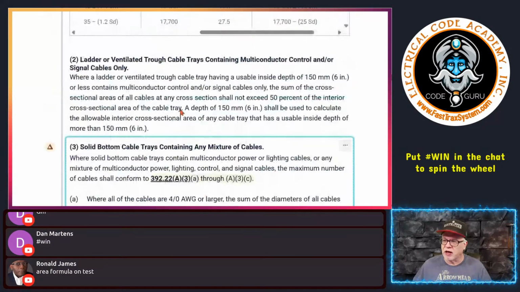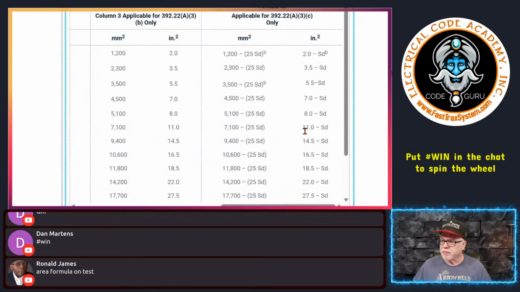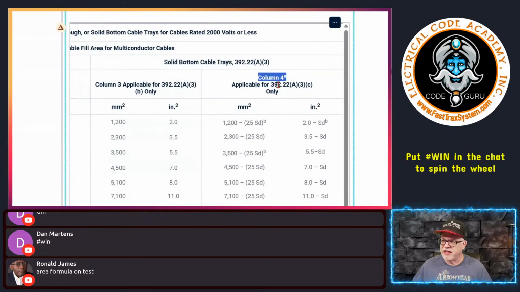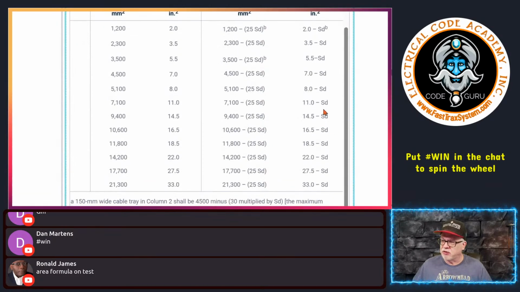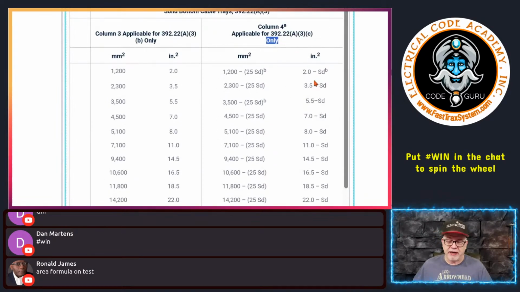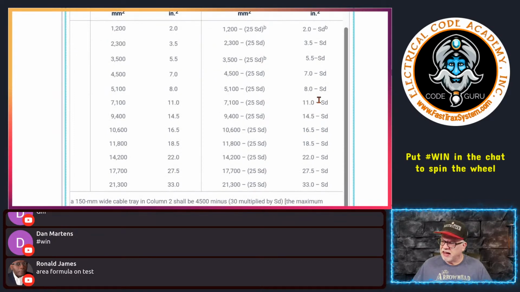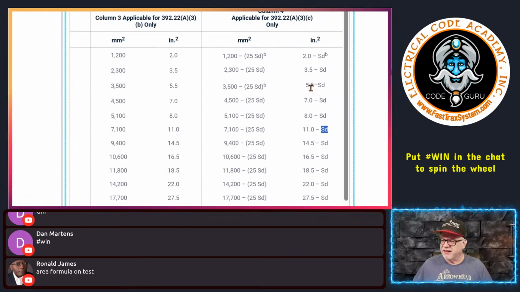But just to show you what column 4 looks like, this is it right here. And see, it only references that one we just went over right there. And again, you see that the values here are different. Here, it's basically taking the actual SD, okay, which is the actual sum of the diameters, okay, right here.